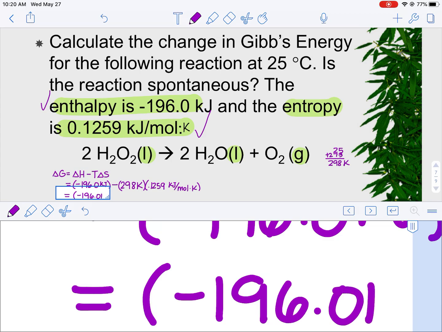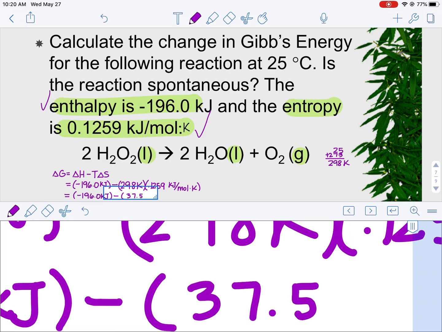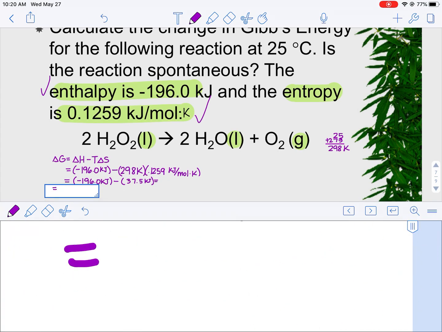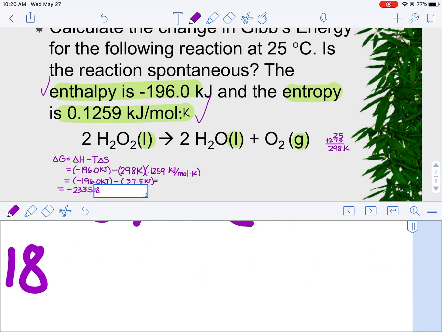Negative 196.0 kilojoules minus, doing the math here, 37.5 kilojoules. And then doing the overall math, negative 233.5182 is what the calculator gives me.